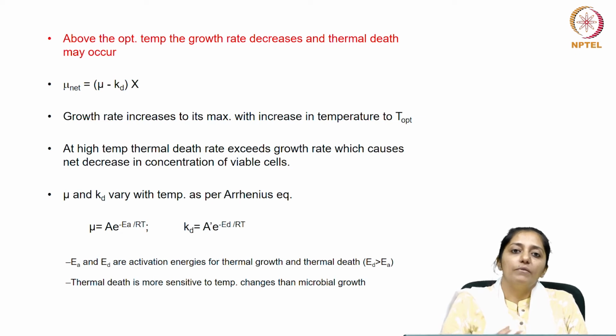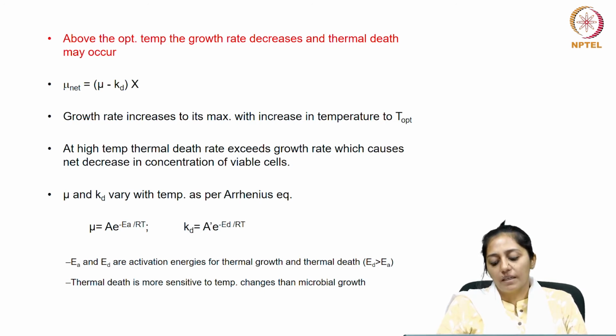So, at very low temperatures, you will find the growth rate slow, and at very high temperatures, suddenly you will find that the cells begin to die, because the cell starts lysing and the internal components start getting denatured.